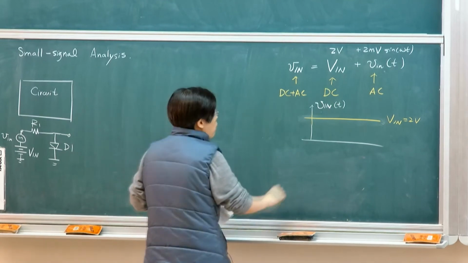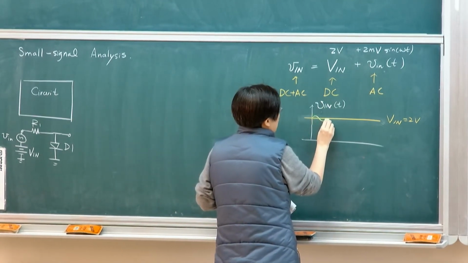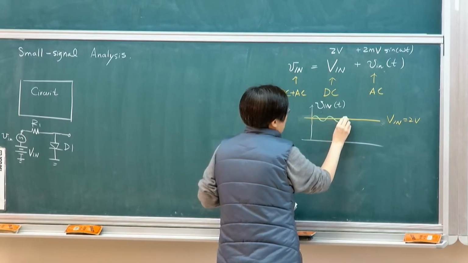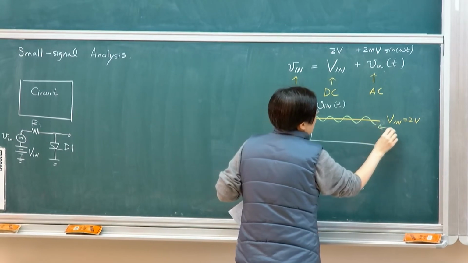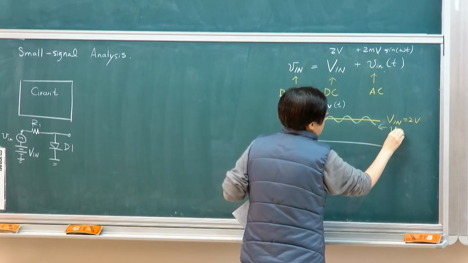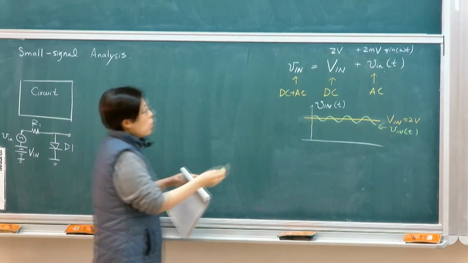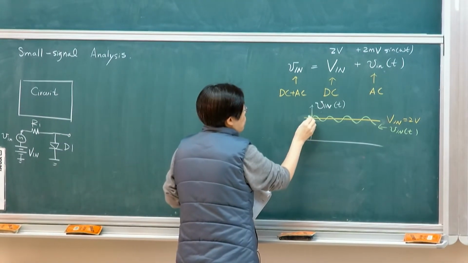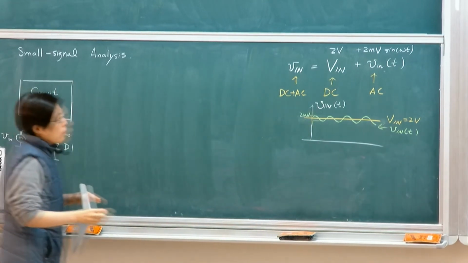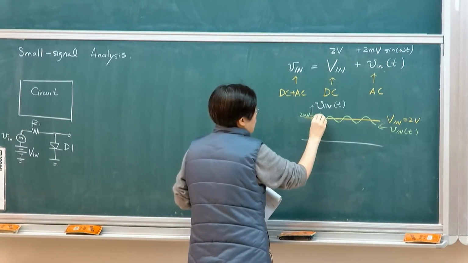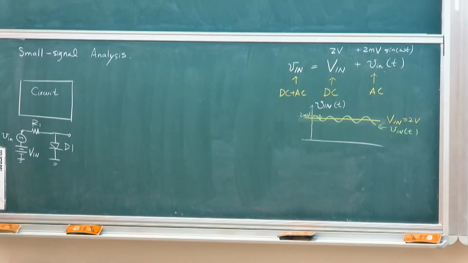The small signal will then fluctuate around it. This will be my total signal: add this 2 volt and then fluctuate with a signal amplitude of 2 millivolt. So this reflects the amplitude of your AC component.